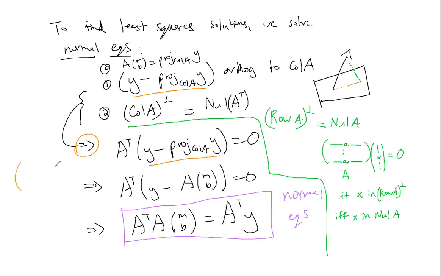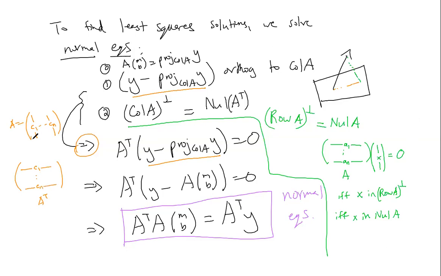Because this is A transpose. Let's say A has columns, I'll say C1 through Cn. Then A transpose has rows C1 through Cn.